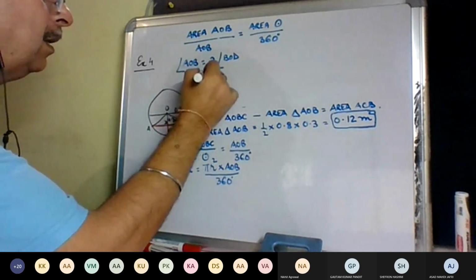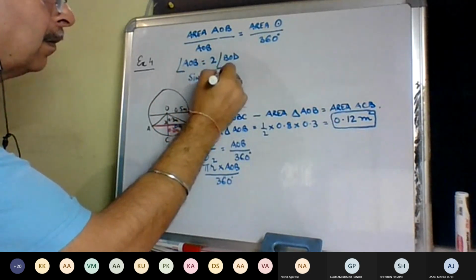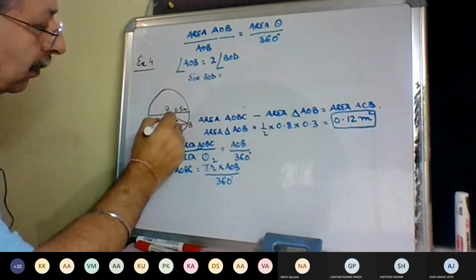Sine of angle BOD, this is a right angle triangle.